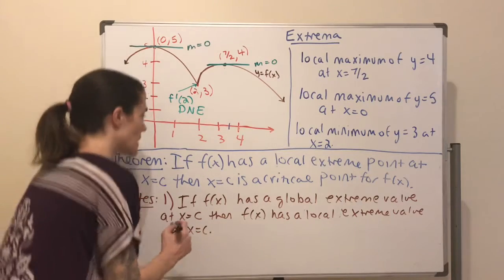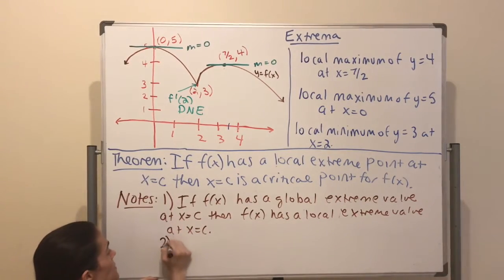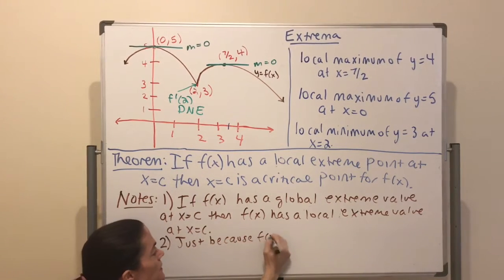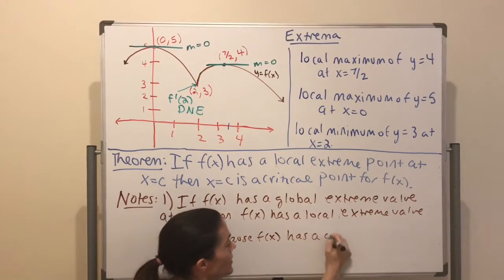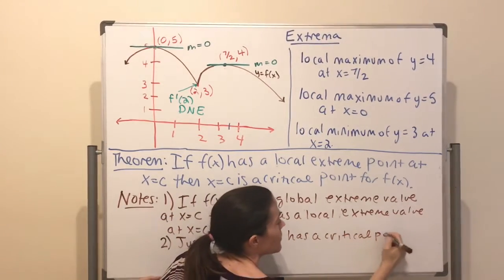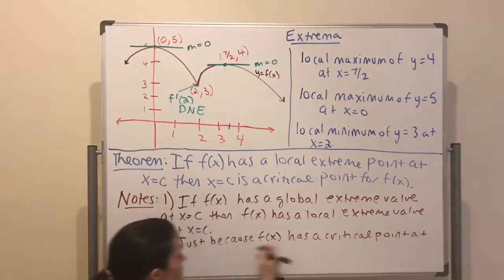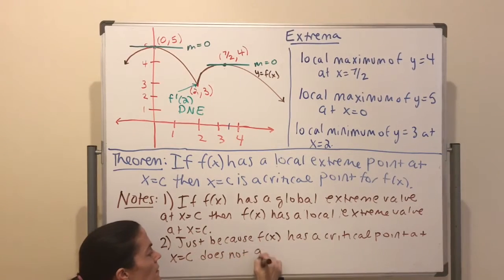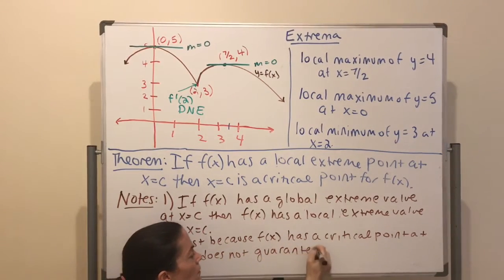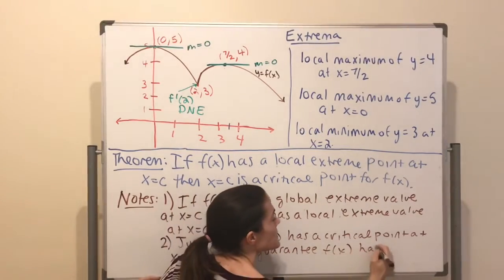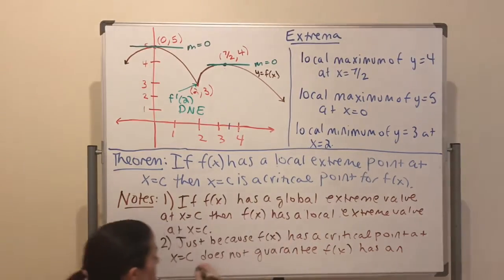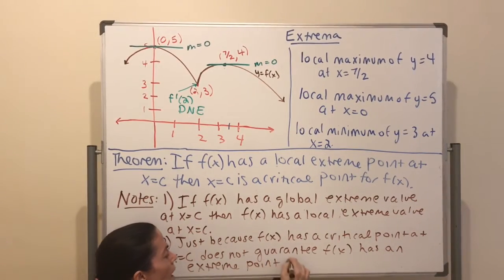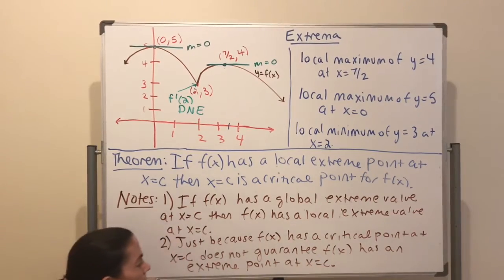And then the second note that I will make is as follows: just because some function has a critical point at x equals c does not guarantee f of x has an extreme point, either local or global, at x equals c, okay?